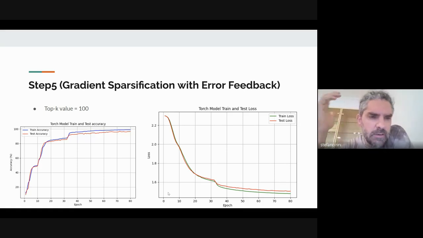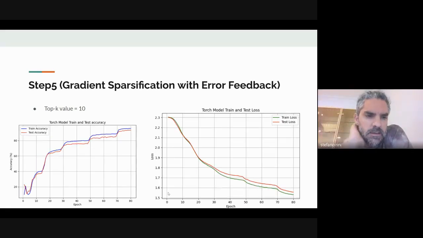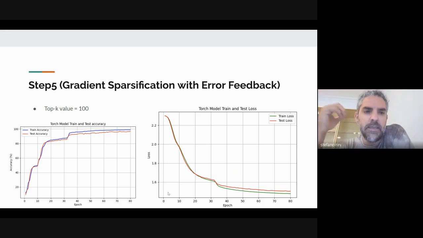So go back to one slide. Okay, so here you achieve 85% accuracy with 10 out of 2,000. Let's see the next slide. And here you achieve 100. So, okay, good. Let's see 1,000.